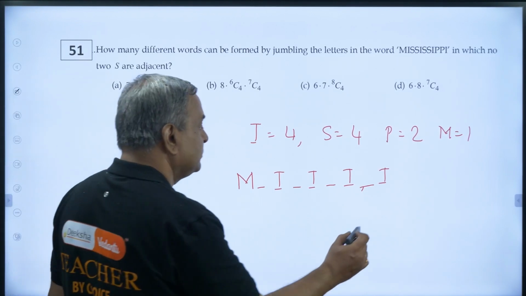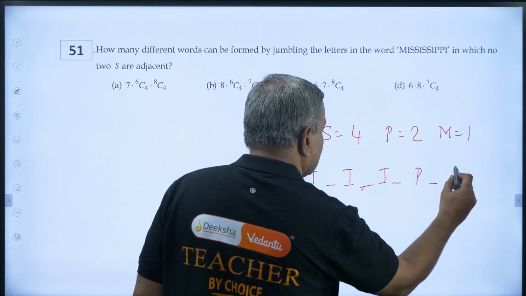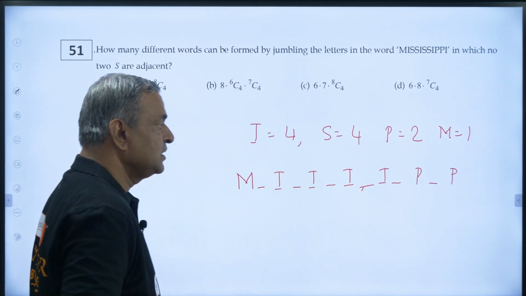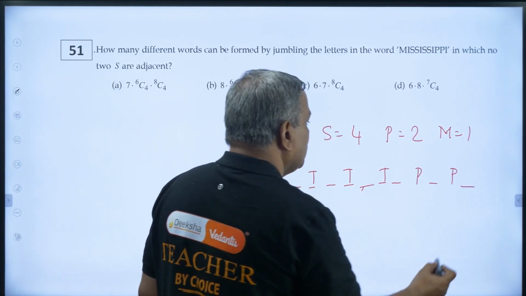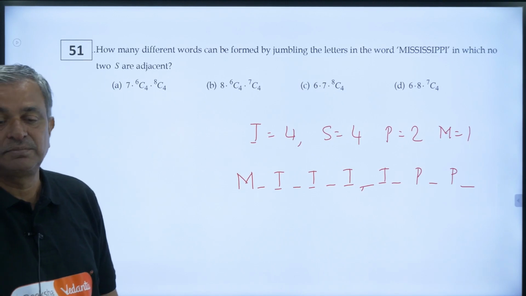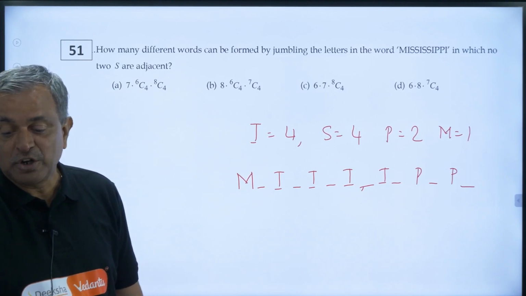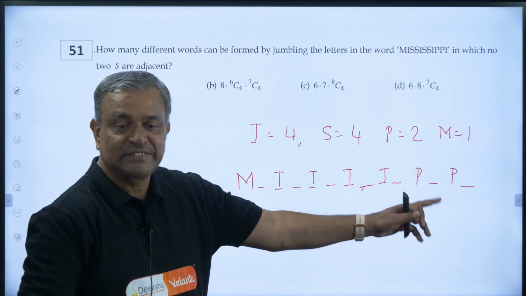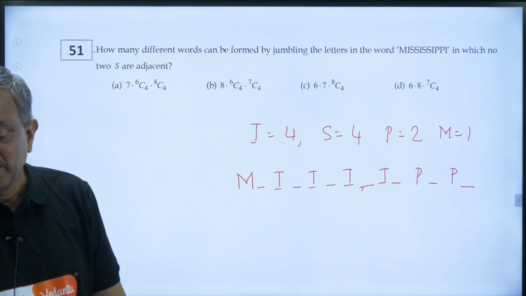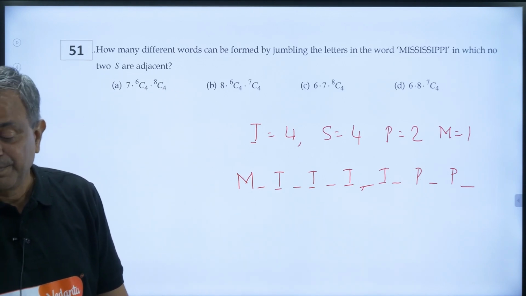Okay. Then P, gap P, so gap P is also given. Again gap P, because 2 P's are given. We write like this. So S can be placed. How many places are there? 1, 2, 3, 4, 5, 6, 7. There are 7 places where you can place the S.